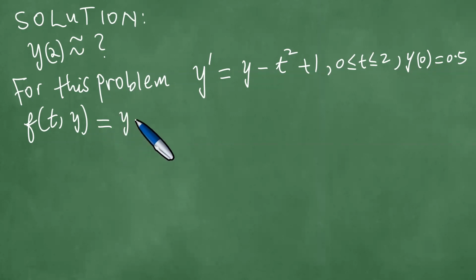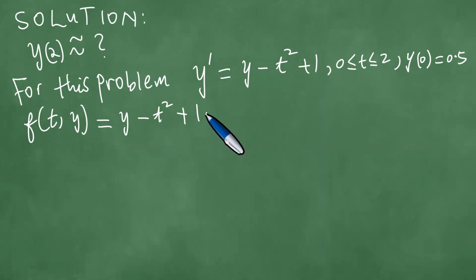And this is y minus t squared plus 1. For this problem, y prime is written as a multivariable function, in this case a bivariate function, a function in two variables, t and y.